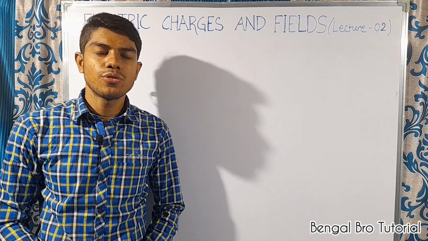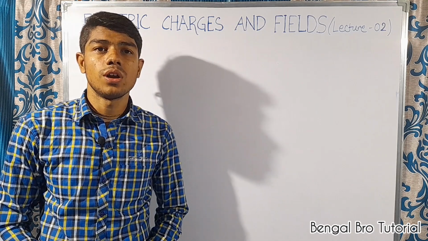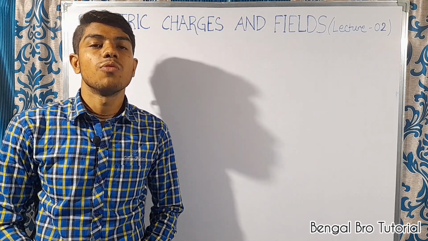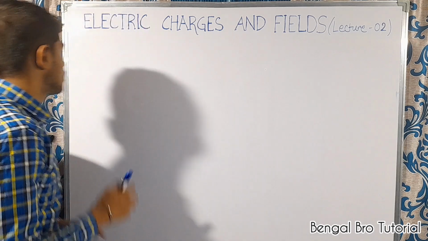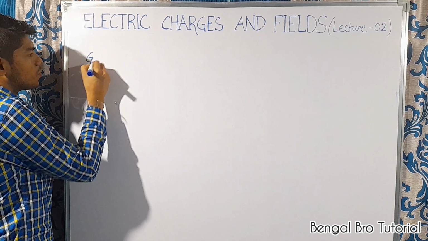Students, now we are going to discuss a device called the gold leaf electroscope for detecting the presence of charge in a body.